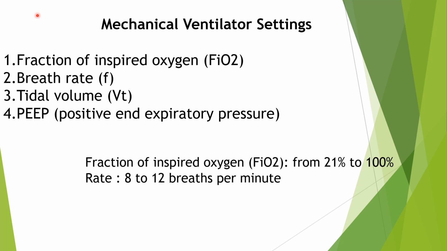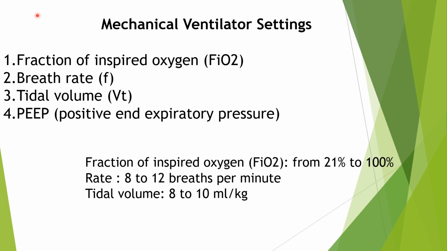The rate also, we will be starting from a higher rate, that is 12 breaths per minute we will set first. Then it will be decreased in the patient who is breathing spontaneously until the patient is able to maintain adequate ventilation. So when a nurse is documenting the rate, it includes the number of both the ventilator and the spontaneous breaths.